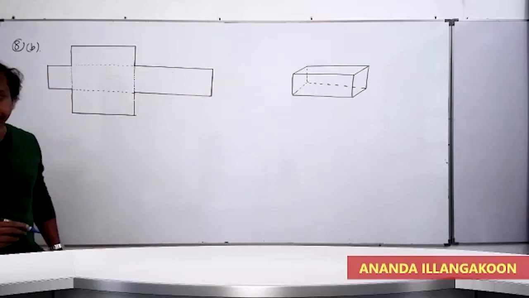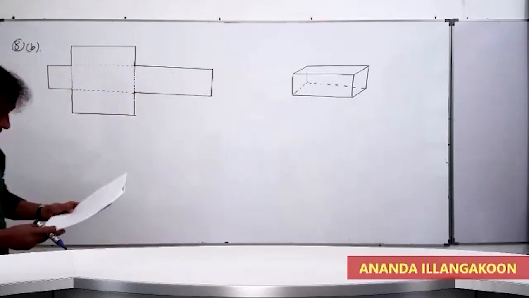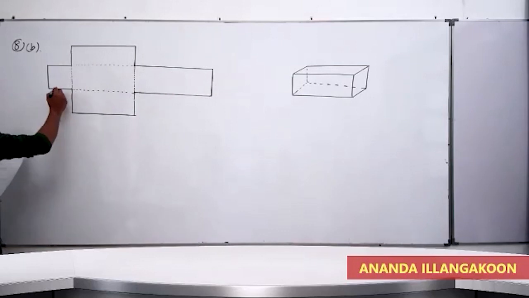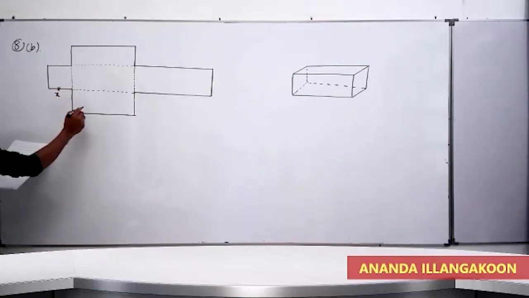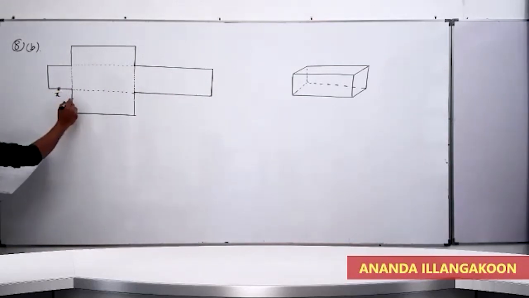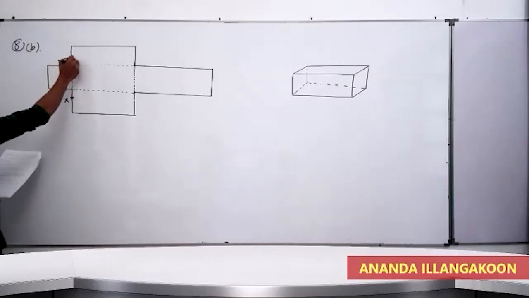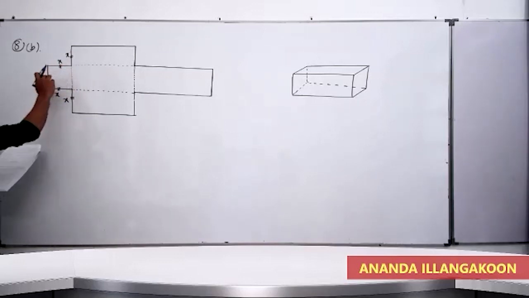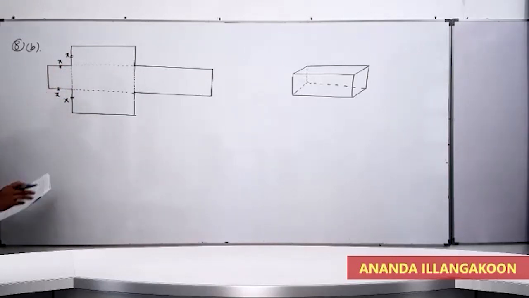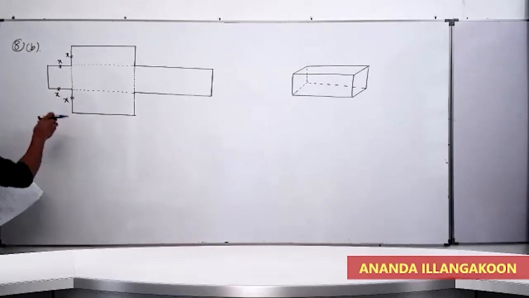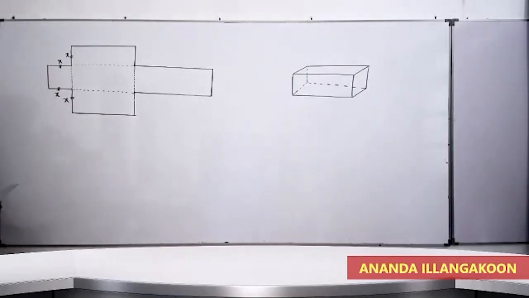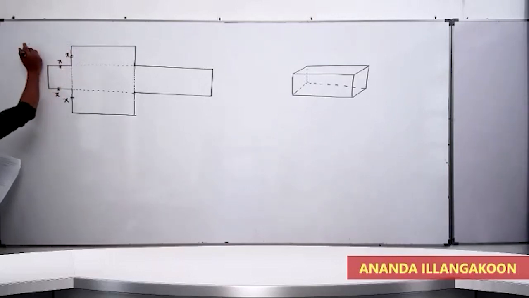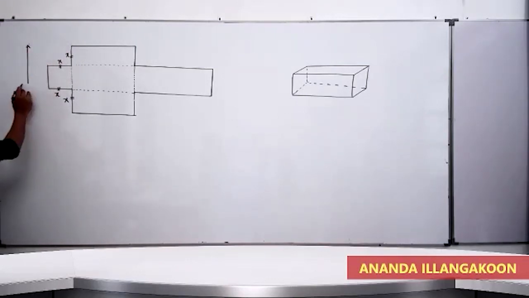Okay. This is given as x. This part is a square, this is also x. This is 6. This is 6. This is a square. Then here to here, this length, we are given 16.